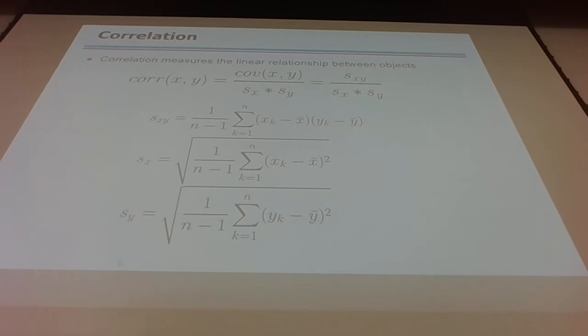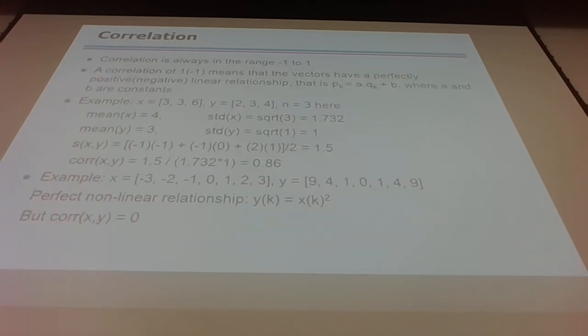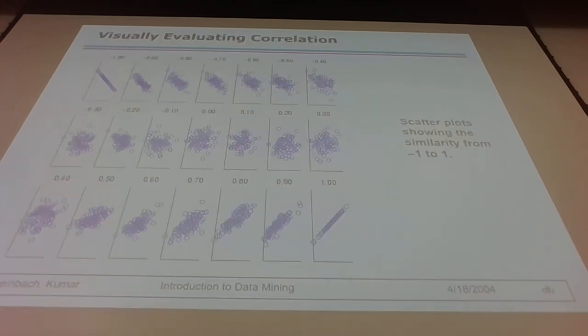Sxy is this, Sx is this, Sy is this, and then you compute the covariance, or actually the correlation. So that is how you compute correlation, and there is a relation of correlation with covariance. And it then gives an example.